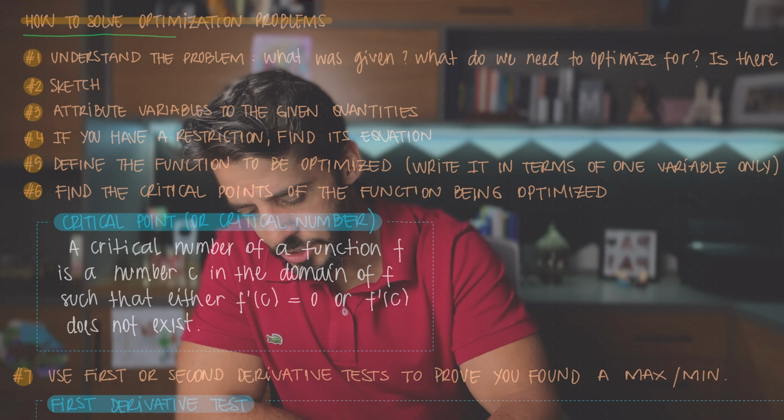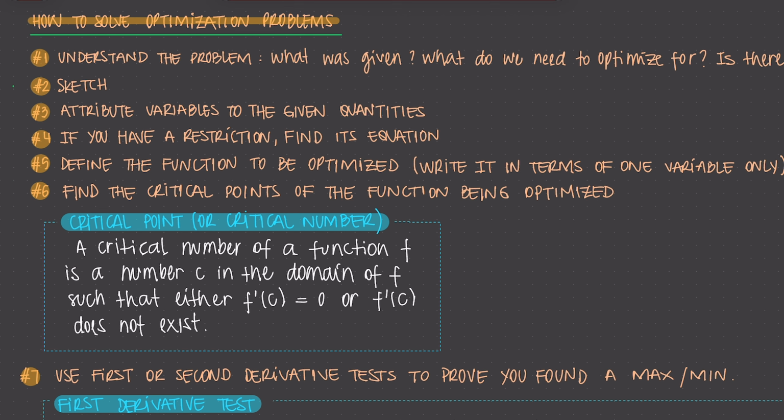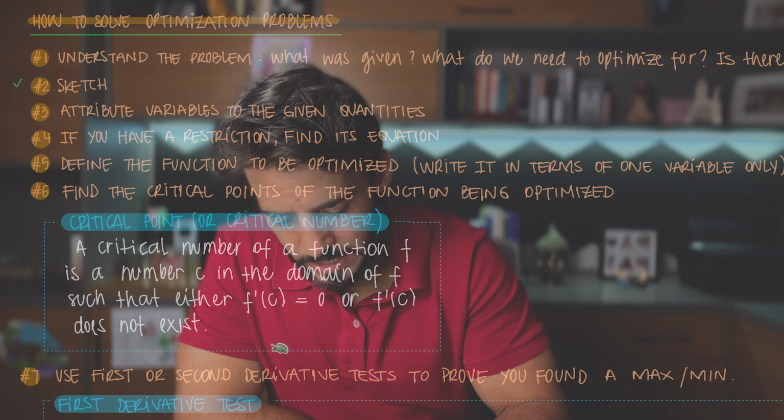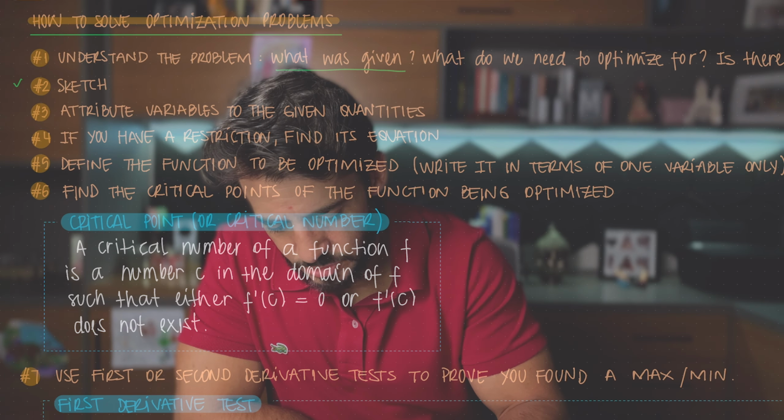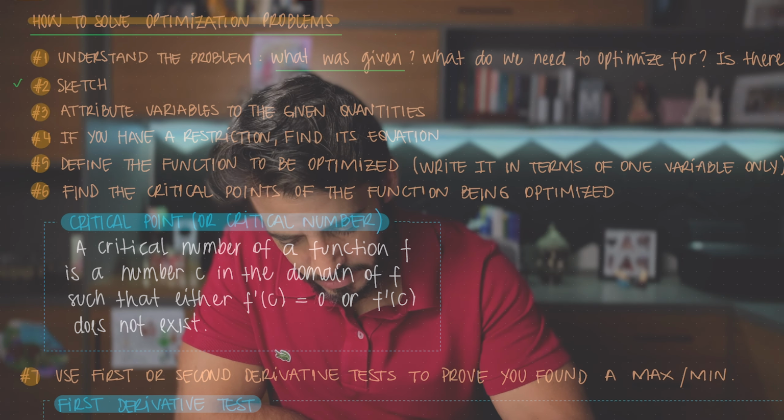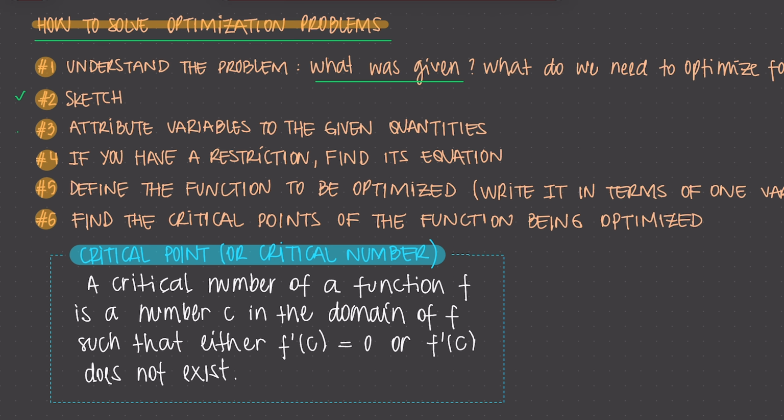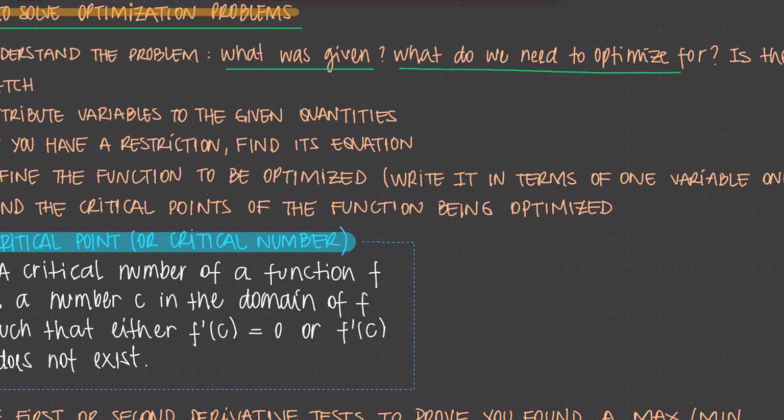If we go through our cheat sheet, we can see that the sketch was already created, it was already given. We can already answer a few questions such as what was given. Well, we were given the volume. The variables that we're going to use are r and h, which is mentioned right here in step number 3. Also, going back to the problem, what do we need to optimize for?